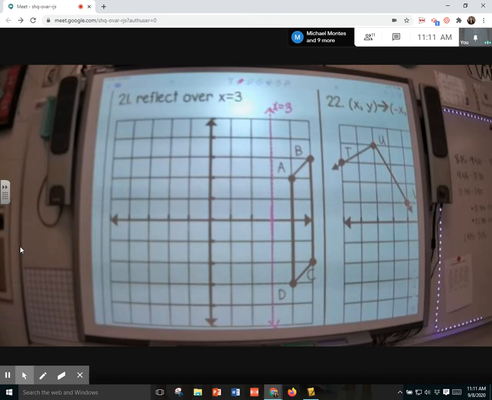So starting with A, it is 1 to the right, so A prime will be one to the left. B is 2 to the right, B prime's 2 to the left.